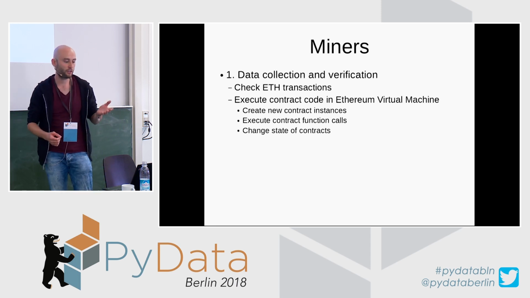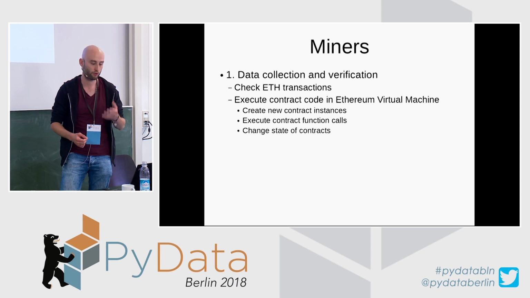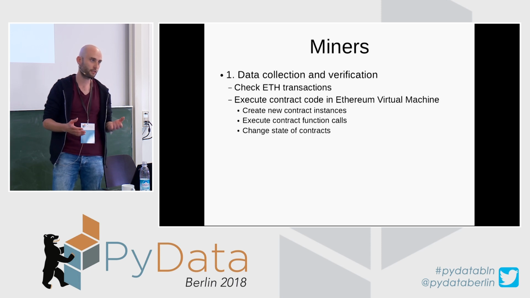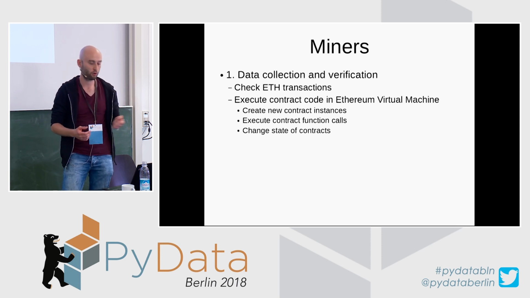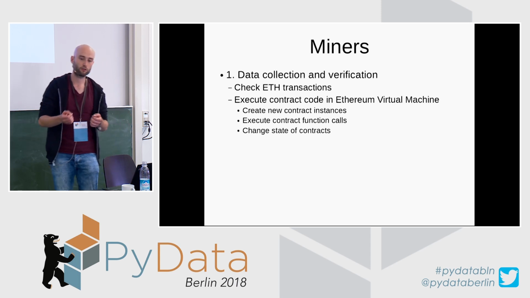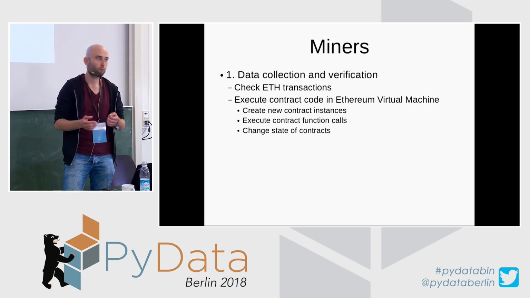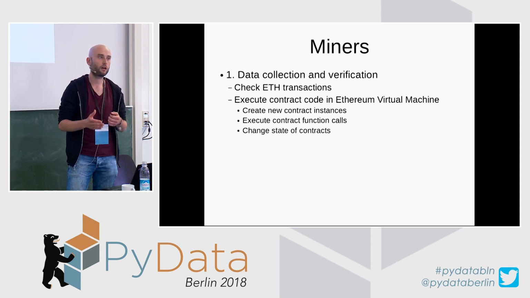But also they have to execute contract code in the Ethereum Virtual Machine, and this might incorporate stuff like creating new contract instances. As we've seen before, Alice deploys the slotmachine.sol. It might be other people actually executing functions on these contracts. And during these function executions, the persistent state of these contracts might change.